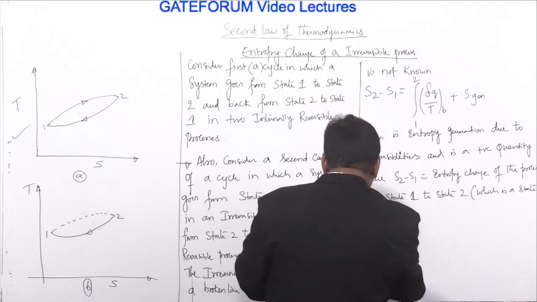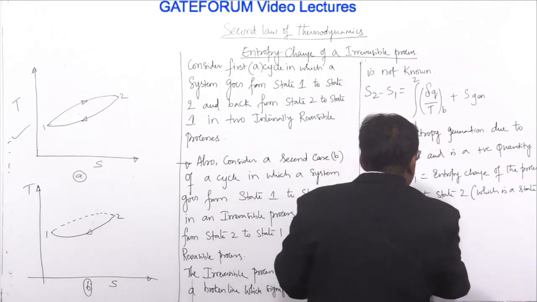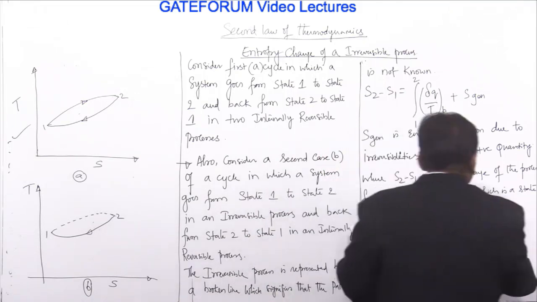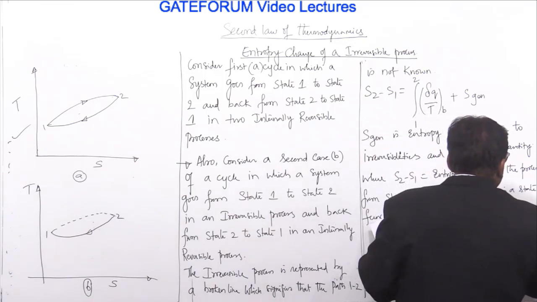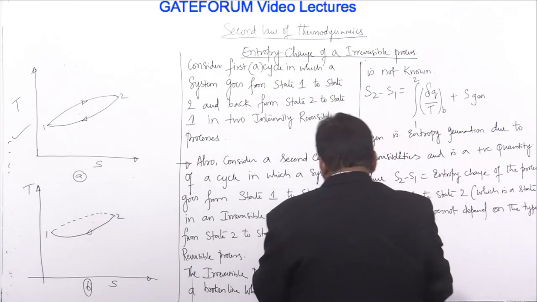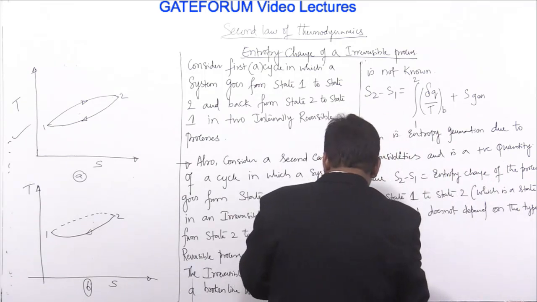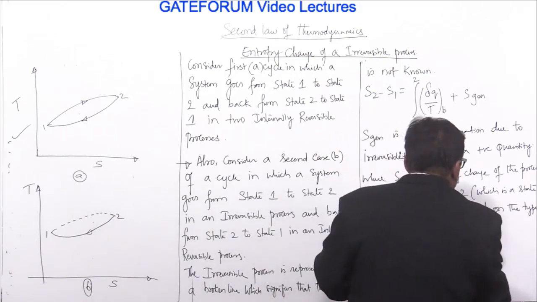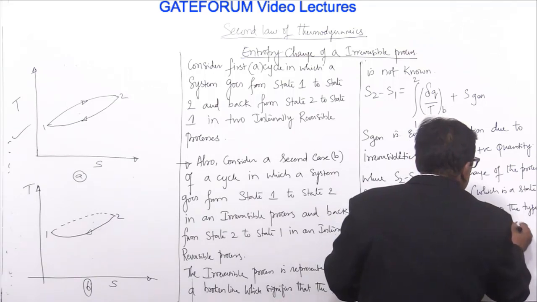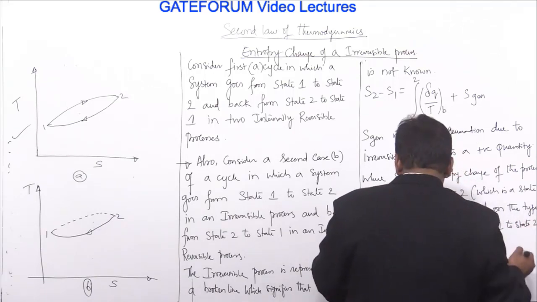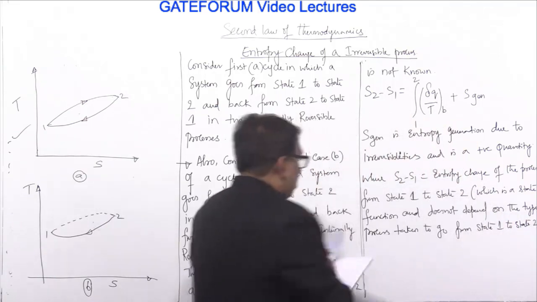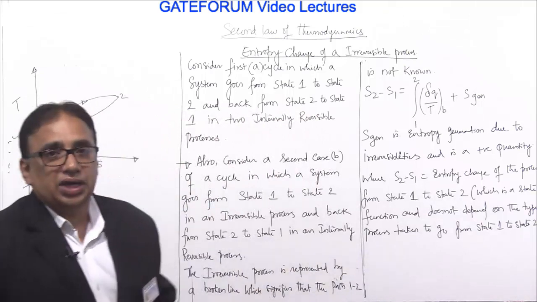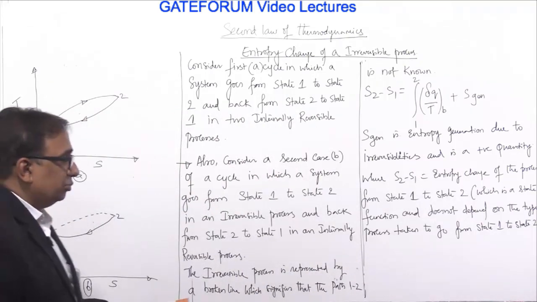Which is a state function and does not depend on the type of process, as we have seen in our early sessions, taken to go from state 1 to state 2. Because the change in entropy, delta S, or change in enthalpy, or Gibbs energy, these are all state properties.